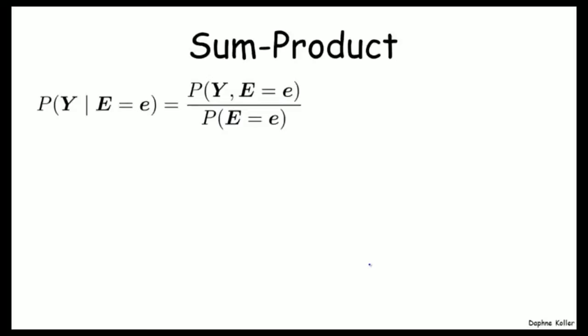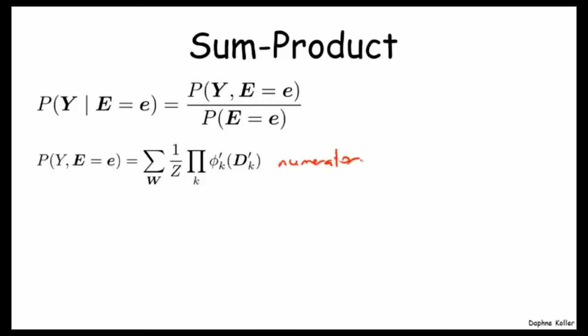So to summarize, the sum product algorithm can be done as follows. You convert the conditional probability into a ratio, where the numerator of this ratio is a product of reduced factors summed out over the remaining variables.